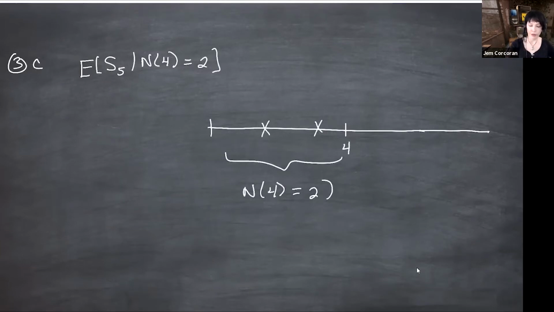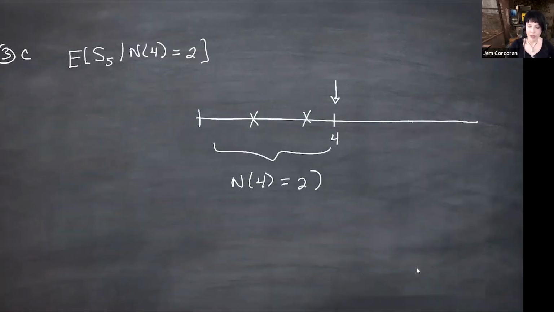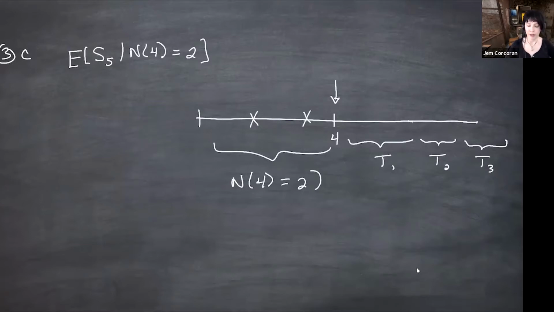If you start looking at the process at time 4, the time until the next arrival is still exponential by lack of memory. I need 3 more arrivals, so I need to wait through 3 exponential times. The subscripts aren't right, but it doesn't matter because they're IID.